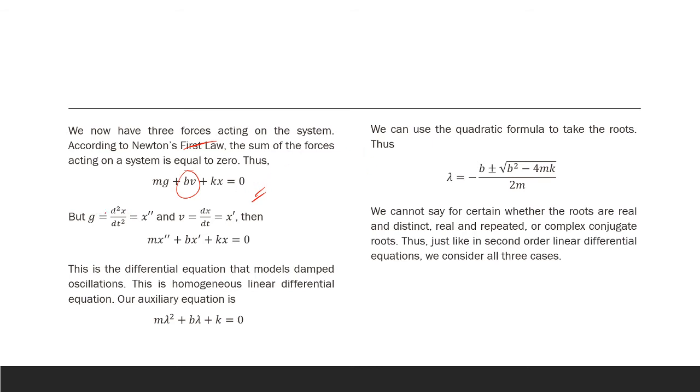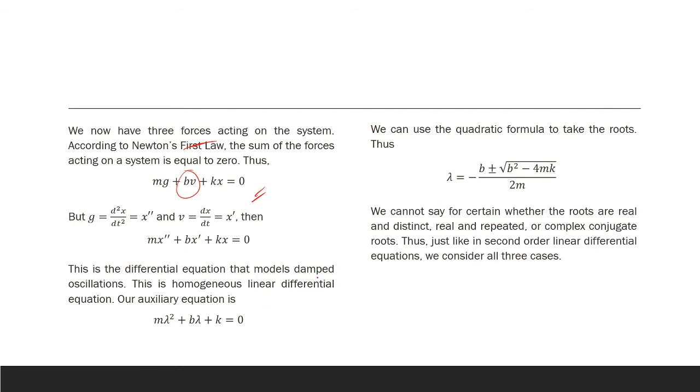But then, a natin, that is the second derivative of x. And v natin, that is the first derivative of x, so that is x prime. So, therefore, palitan natin yon, we will have mx double prime plus bx prime plus kx is equal to 0.